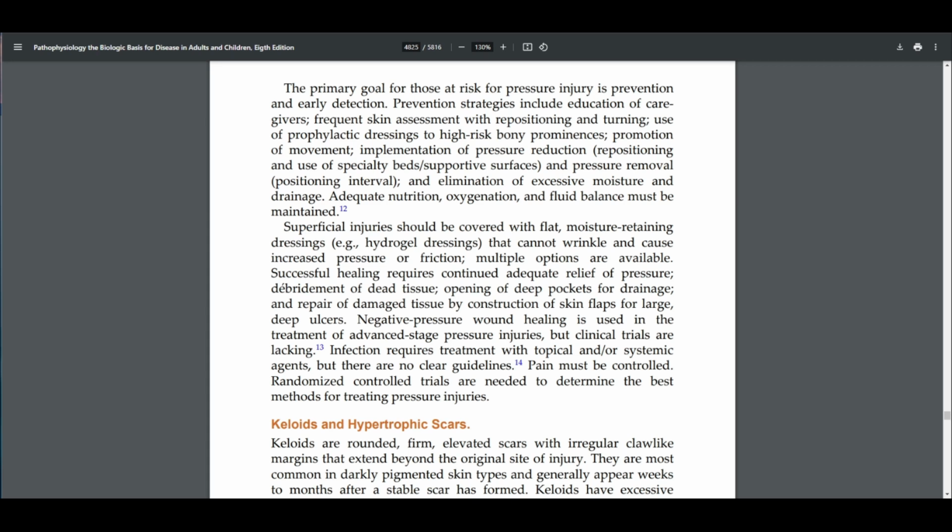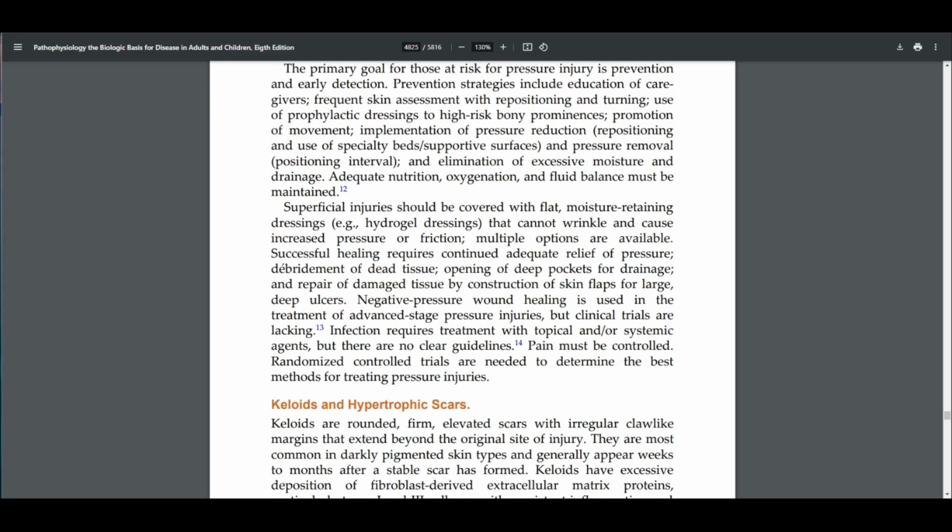Negative pressure wound healing is used in the treatment of advanced stage pressure injuries, but clinical trials are lacking. Infection requires treatment with topical and/or systemic agents, but there are no clear guidelines. Pain must be controlled. Randomized controlled trials are needed to determine the best method for treating pressure injuries.